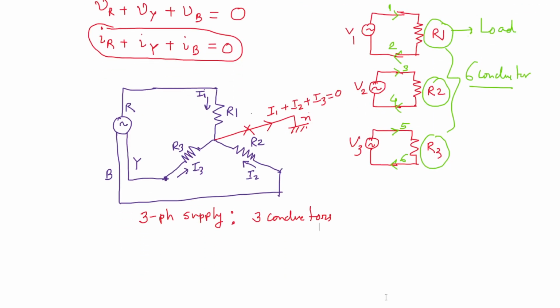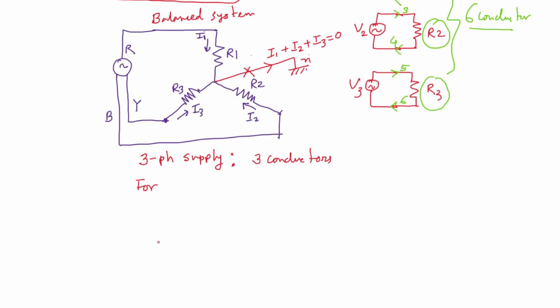So this is the characteristic of a balanced system. However, the system is not always balanced. For an unbalanced system, this summation I1 plus I2 plus I3 is not equal to 0.